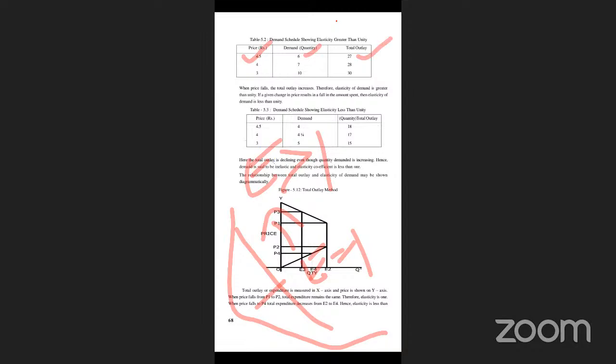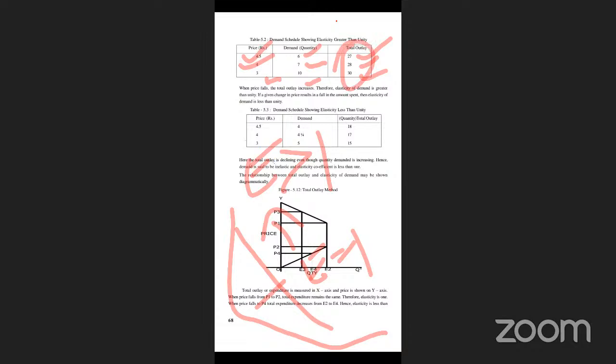Now see when the price is 4, that is it is coming down from 4.5 to 4. When the price is lower, the quantity demanded is slightly increasing. And it is 7 and 4 sevens 28. So on next, when the price is further decreasing to 3, the quantity is increasing and the outlay is 30. Now you see the effect on outlay.